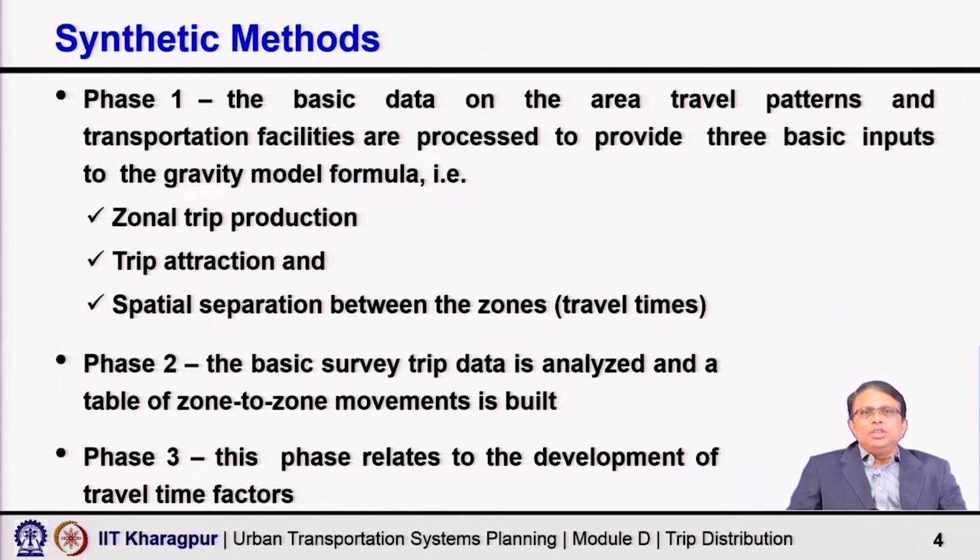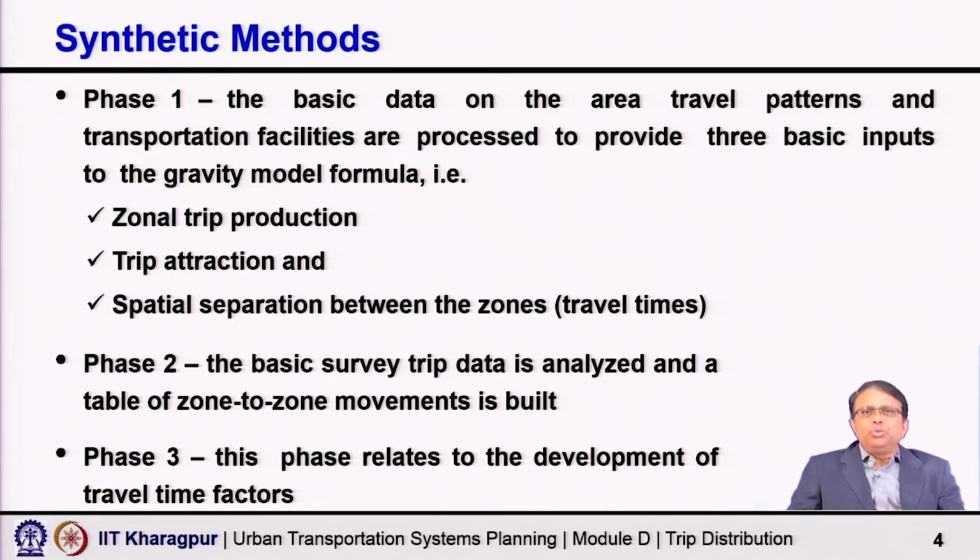I also need the spatial separation between zones: travel time, if I want to express it in terms of travel time; distance, if I want to express it as distance; or cost, if I want to express it in terms of cost. So for each pair of zones, what is the travel time, travel distance or travel cost? That is my basic raw input in phase 1.